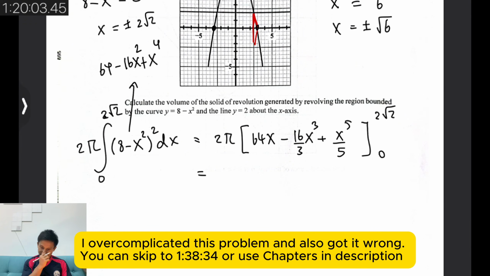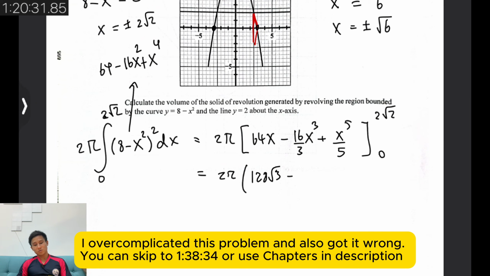Okay, let's calculate that. Let's put it to exact value first. As you can see, 0 goes away. All the terms substituted with 0 are going to go away, so I'm just going to sub in 2 root 2 to each term there. That's going to be 128 root 3 minus root 8 to the power of 3.